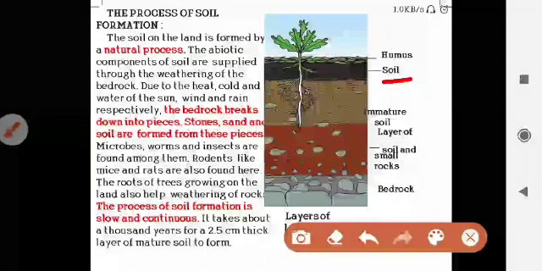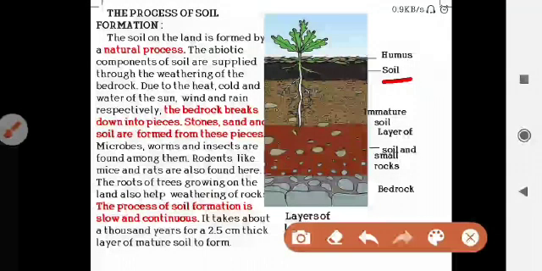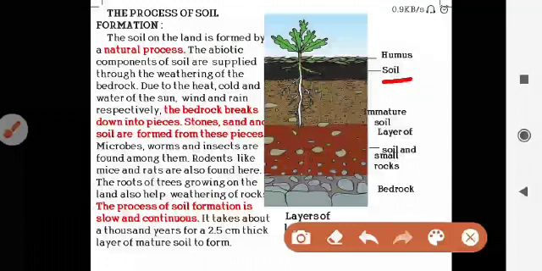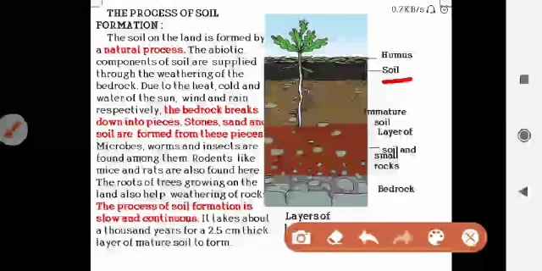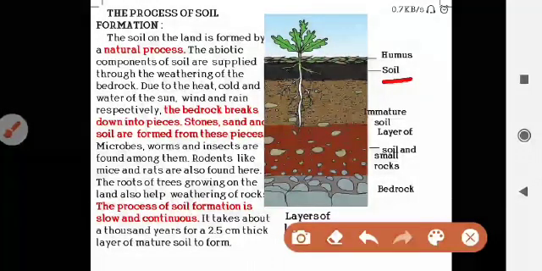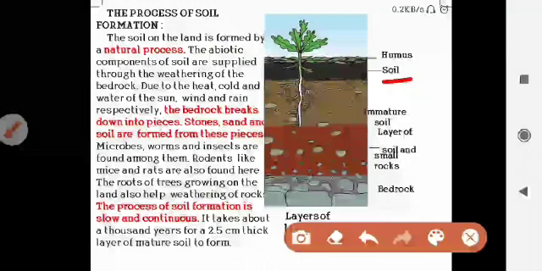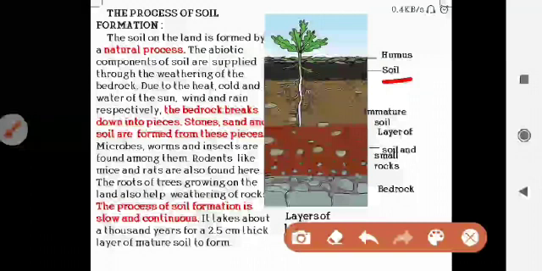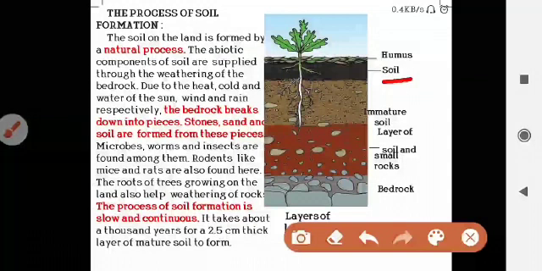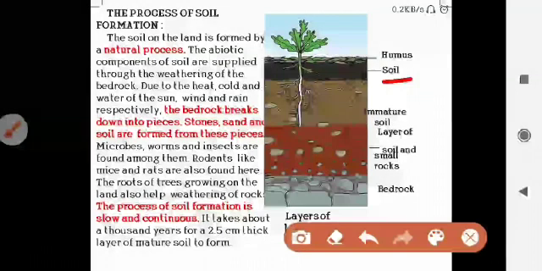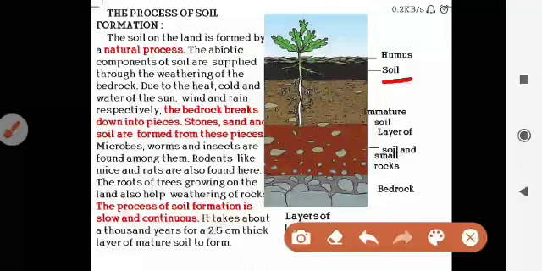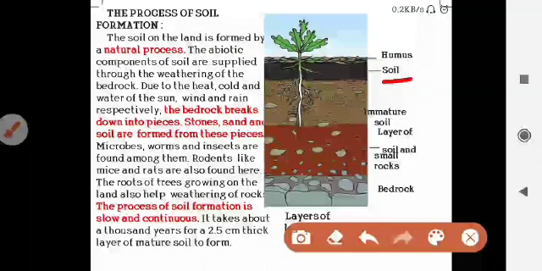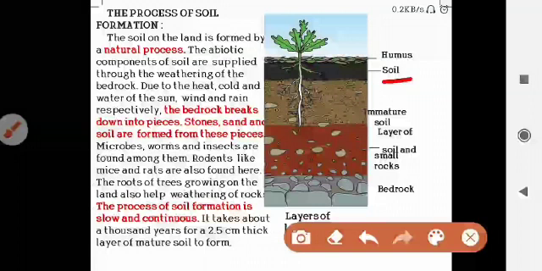Here, the quantity of soil is less and there are more stones. Below that, there is a layer of bedrock. In this layer, we get minerals. So, there are 5 layers of land. You can see these 5 layers in the previous experiment.